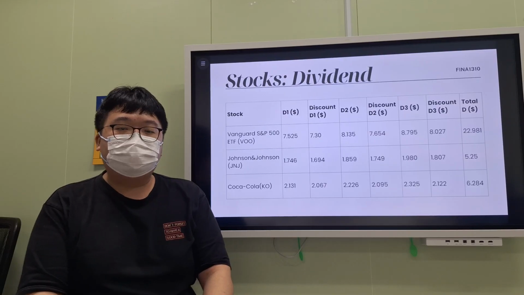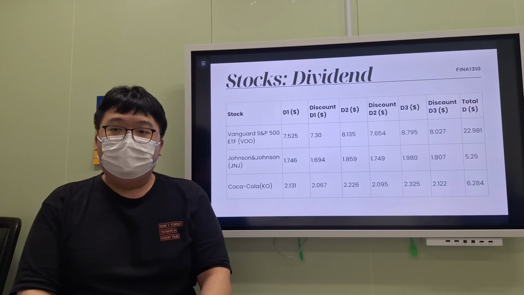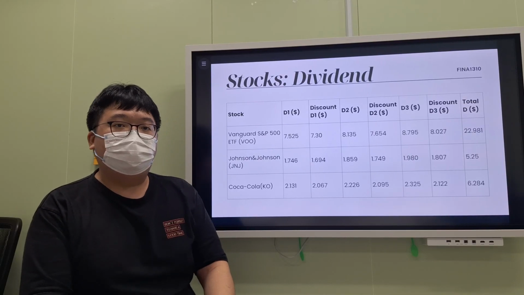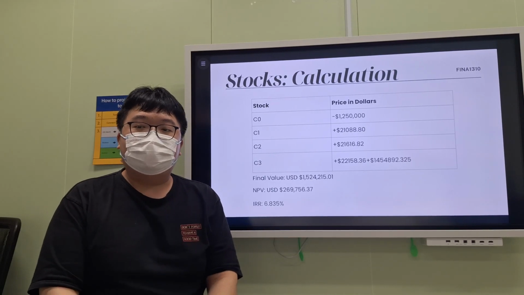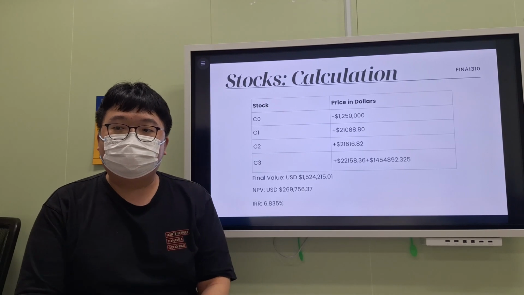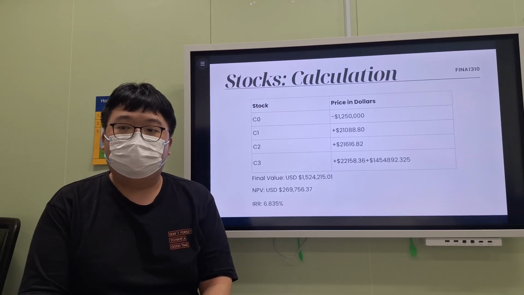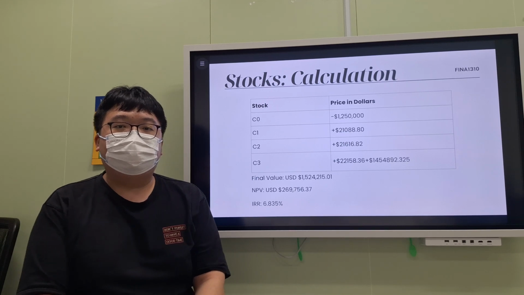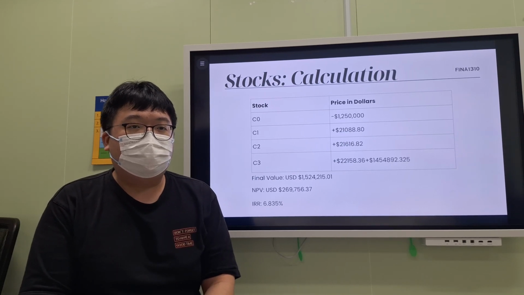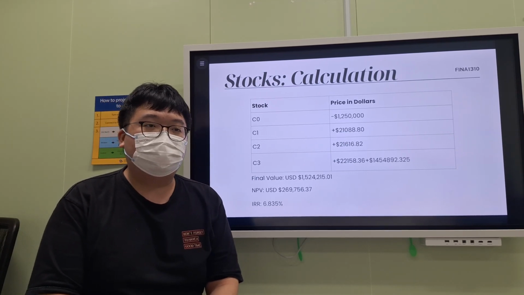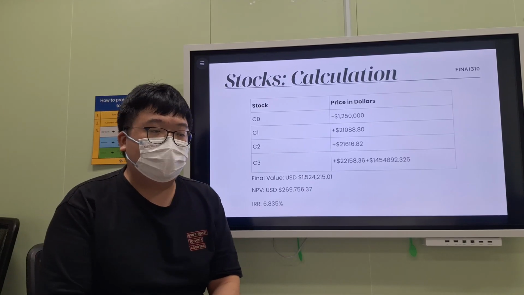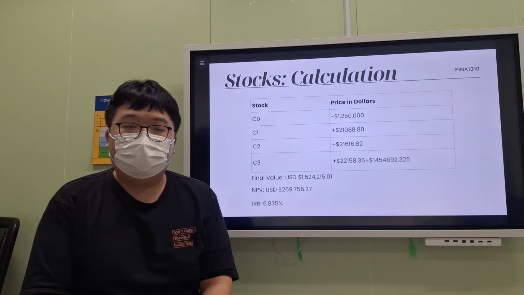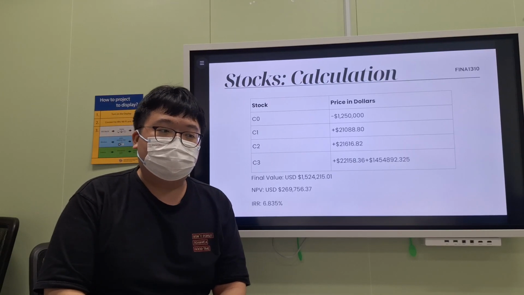Furthermore, the portfolio's internal rate of return of 6.83% exceeds our required rate of return. So this confirms that the expected profitability compensates us appropriately for the risk taken. In summary, the positive NPVs and attractive IRRs demonstrate that this is a financially sound decision and along with our goal to grow the companies' net asset value.